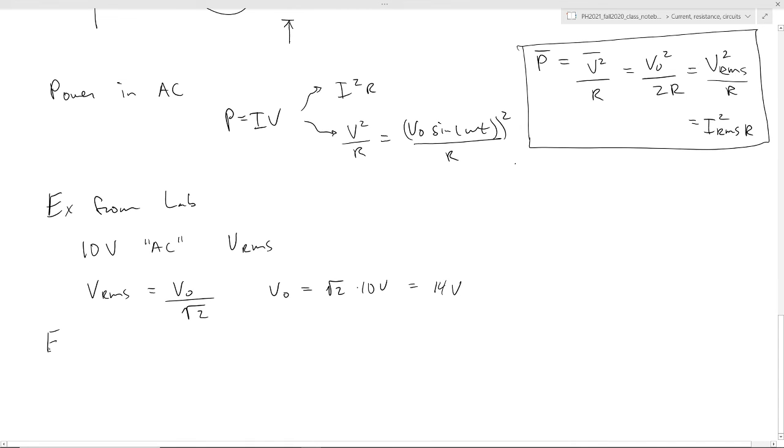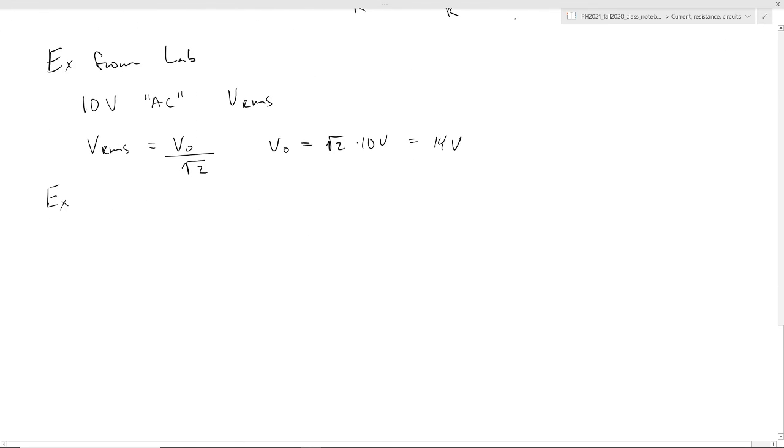Another example, let's think about a toaster. Let me give a little more room here. What would be the RMS current and peak current for a 1200 watt toaster?